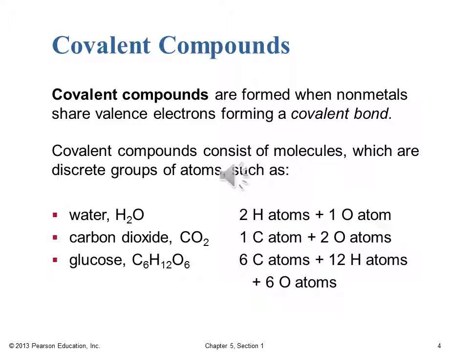They're discrete, and they're not, as we'll come to see with the ionic and metallic bonds. We'll just touch on metallic bonds briefly, but those are very long-term interactions. These covalent compounds are discrete, small things like water, carbon dioxide, glucose, and even really large things like proteins in our body.